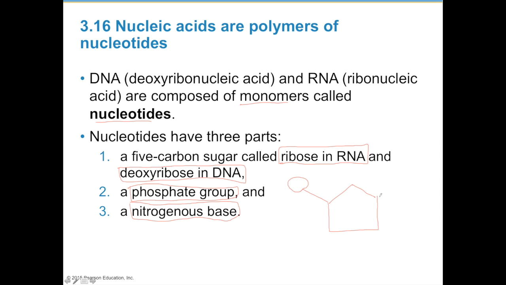A pool, and maybe a garage or some sort of fancy driveway. There it is. So we have 1, 2, 3, 4, 5. There's my 5-carbon sugar. This is my phosphate group, or my pool. And then this is my nitrogenous base. So think of this as a house, a pool, and a driveway, or a garage. This is a nucleotide.